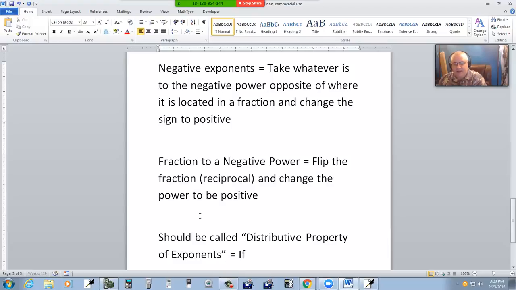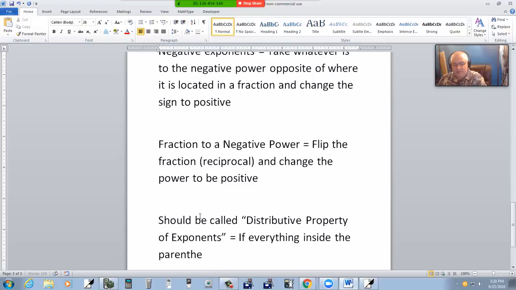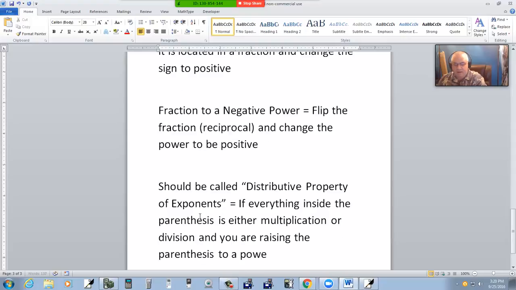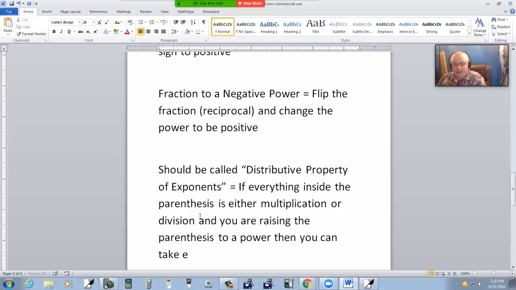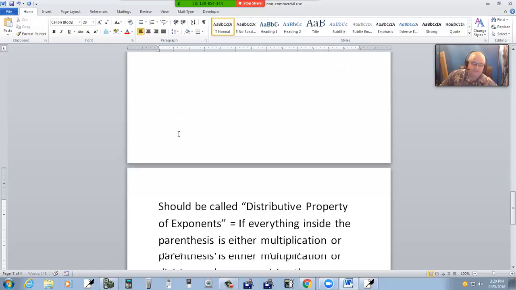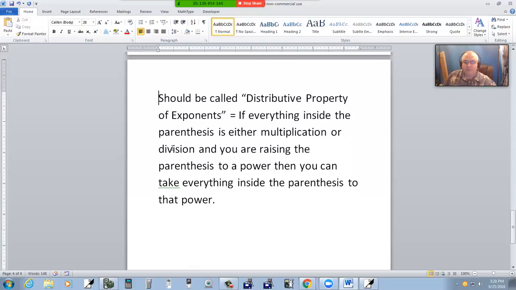And it says if everything inside the parentheses is either multiplication or division, and you're raising the parentheses to a power, then you can take everything inside the parentheses to that power.